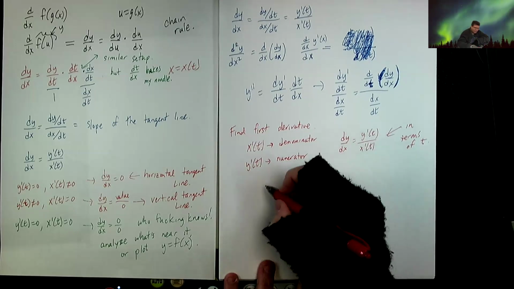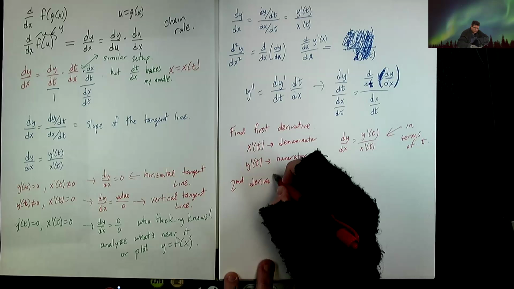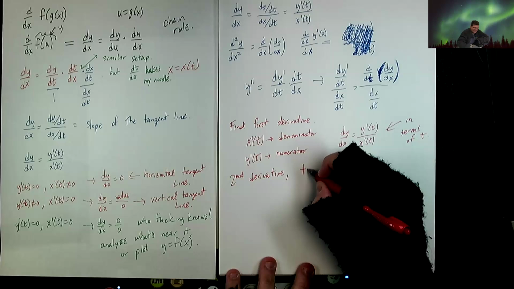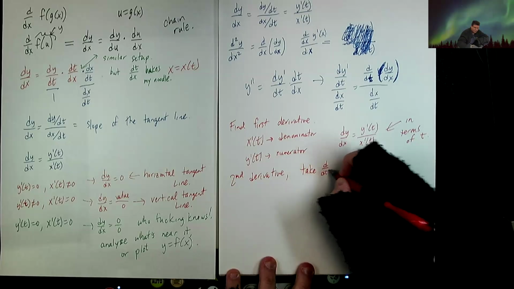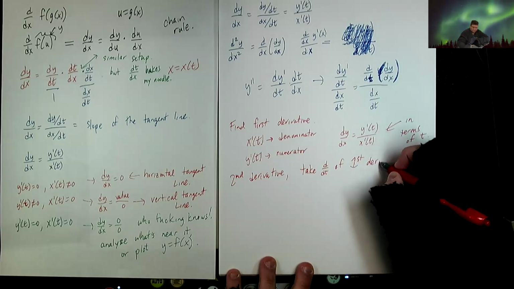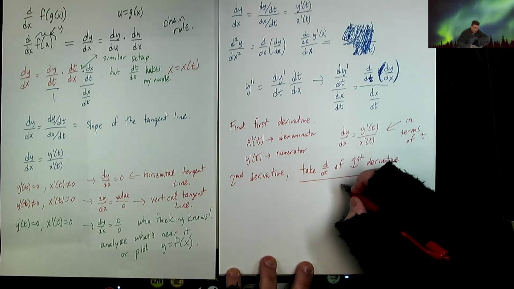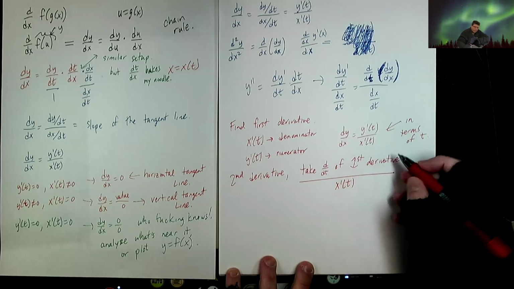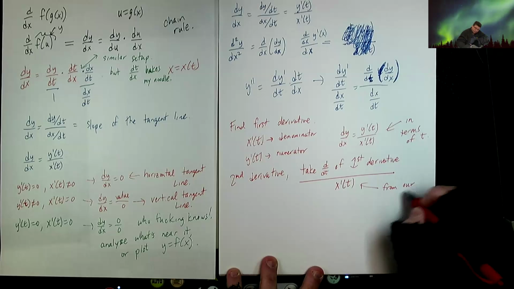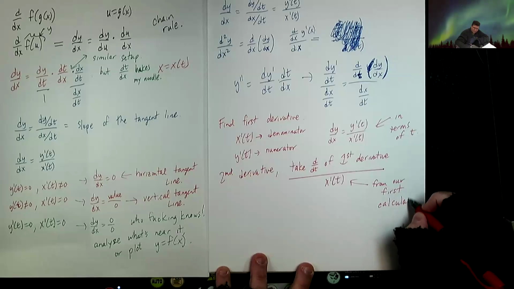And then when you want the second derivative, take d/dt of the first derivative and divide by x prime of t from our first calculations. We'll do some examples of this.